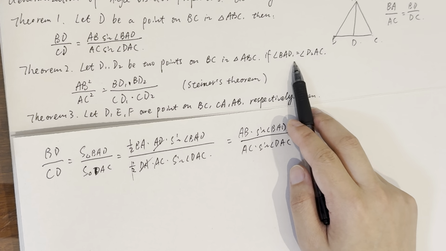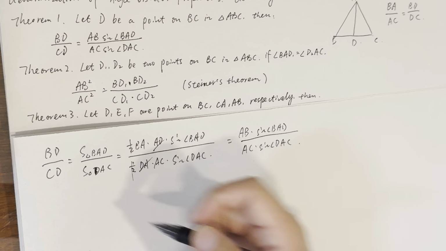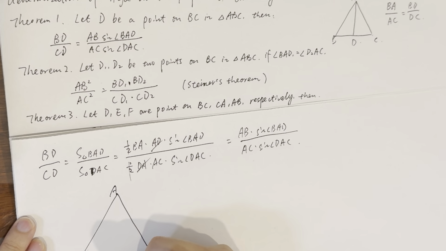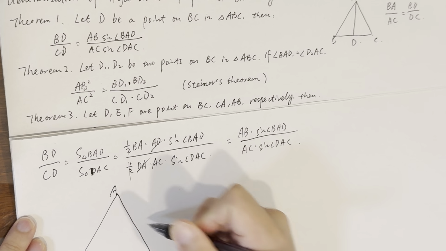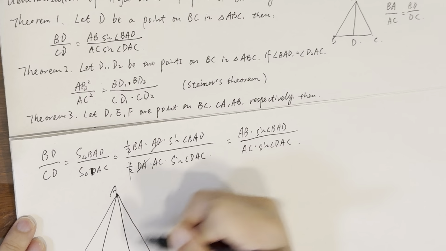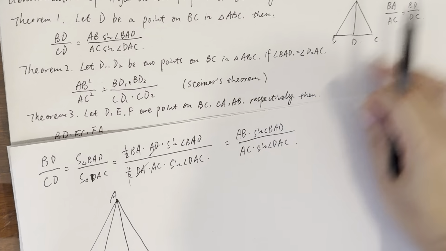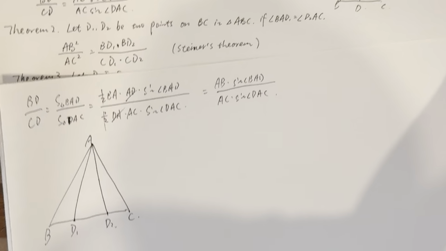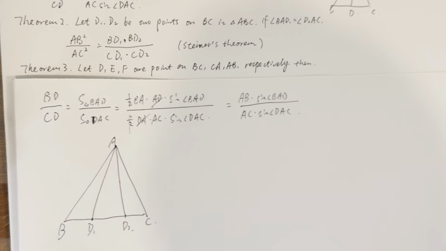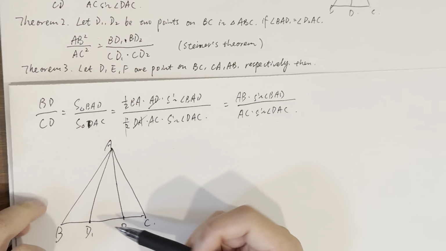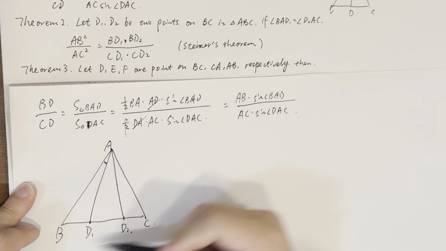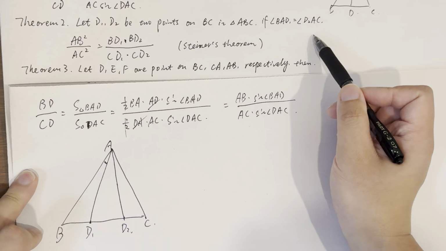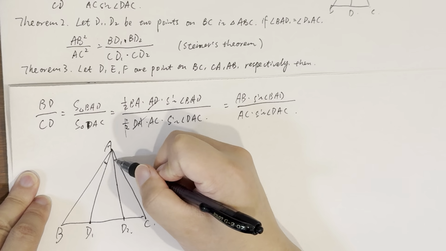If angle BAD1 equals angle D2AC, okay, so now we have a triangle ABC here, and we find D1, find D2, and we know that angle BAD1, this angle, equals angle D2AC, equals this one.